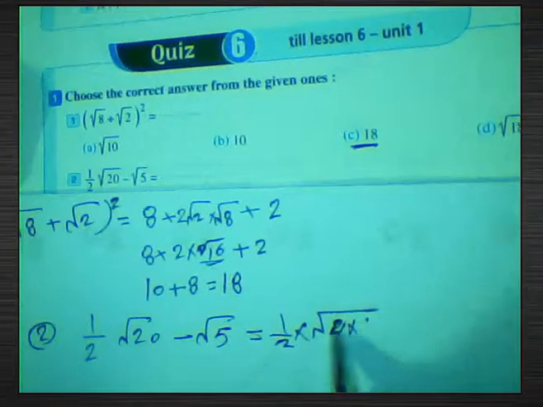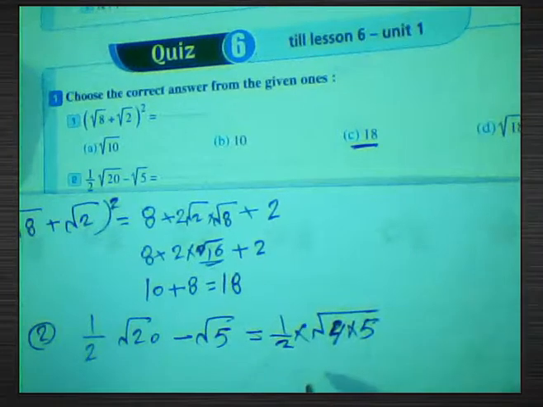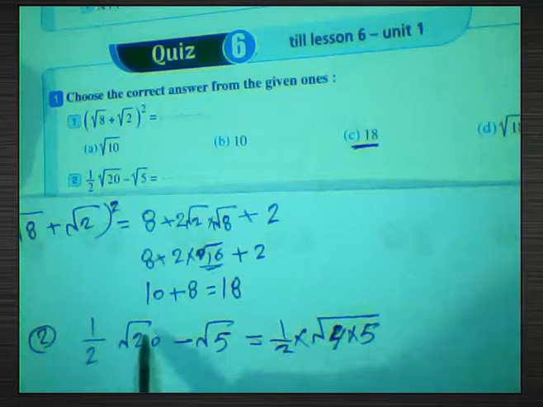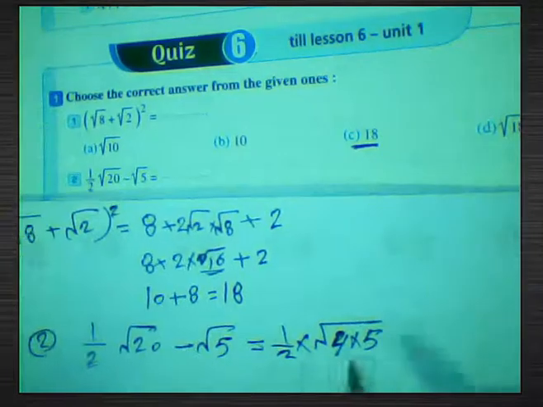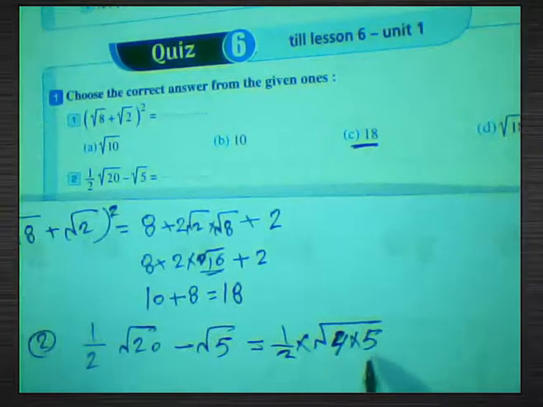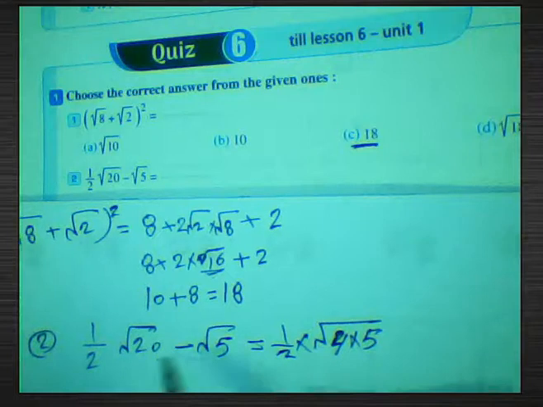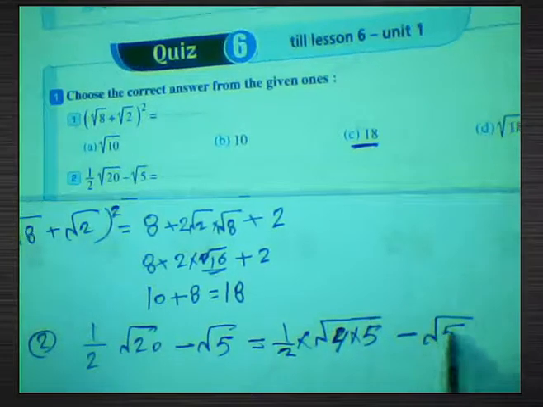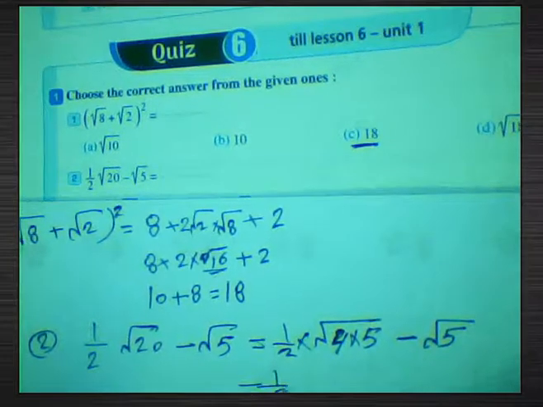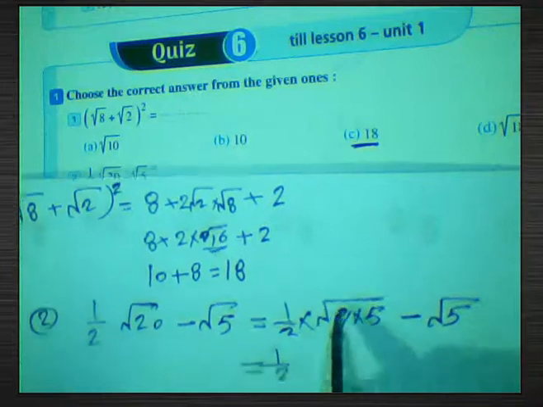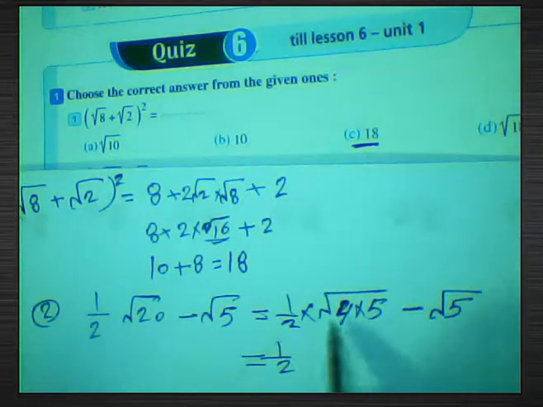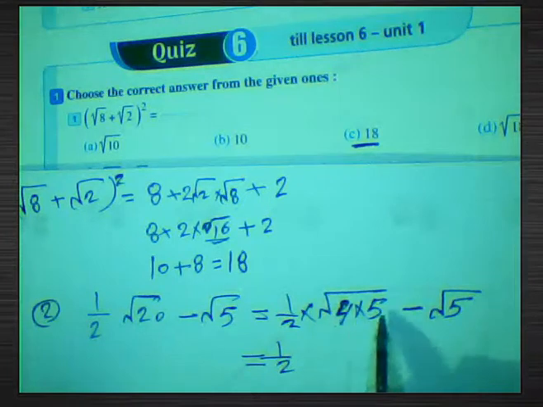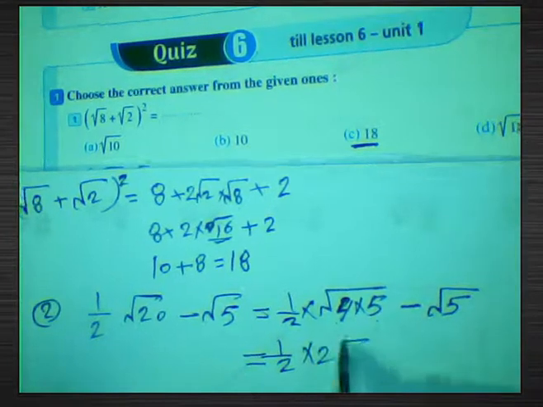We'll convert 20 to 4 times 5 because the square root of 4 equals 2. Subtract the square root of 5 equals half the square root of 4 multiplied by 5. Under the square root, 4 and 5 will be 2 square root of 5.